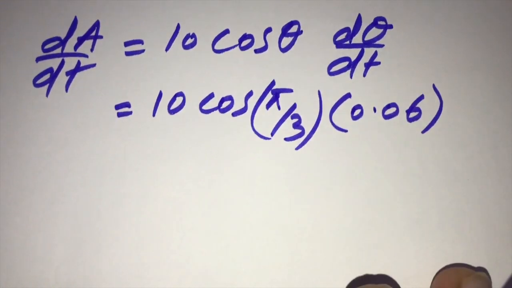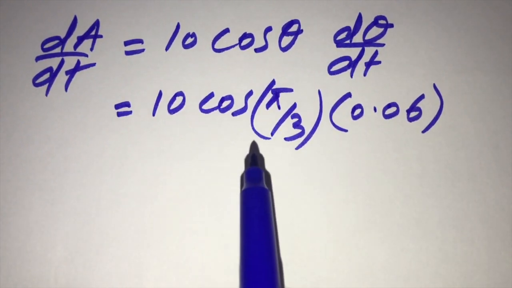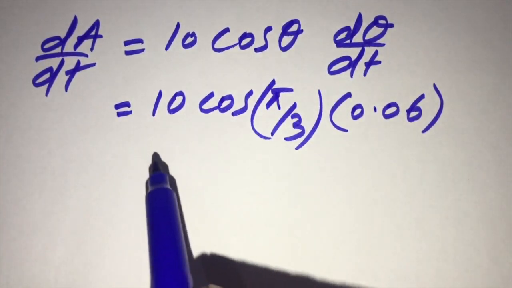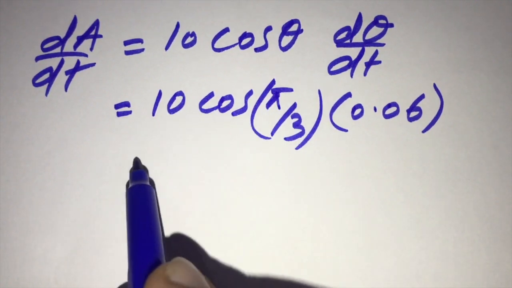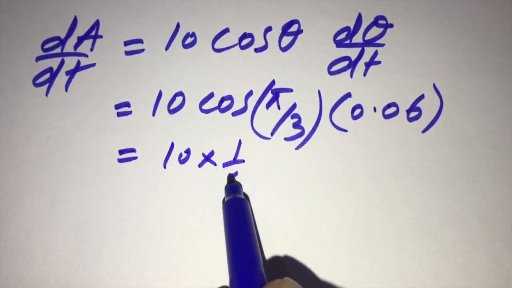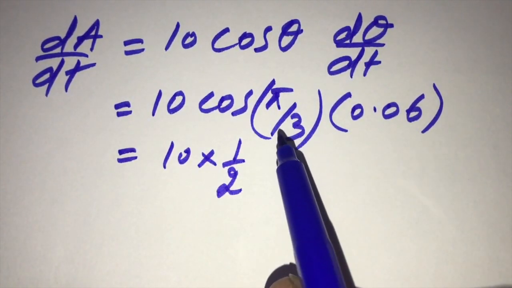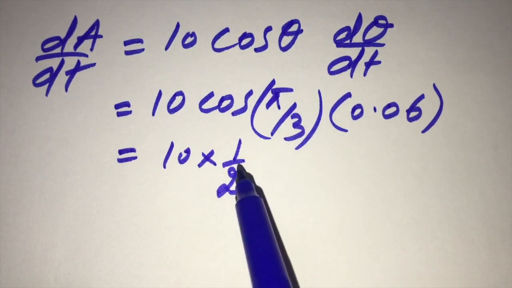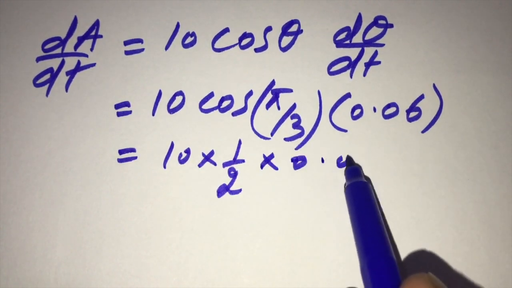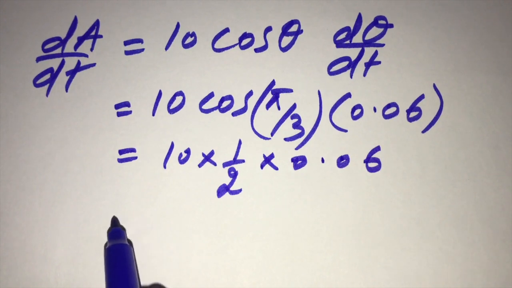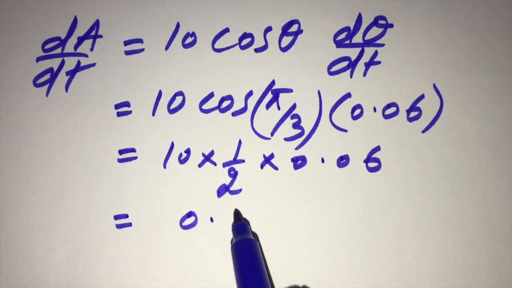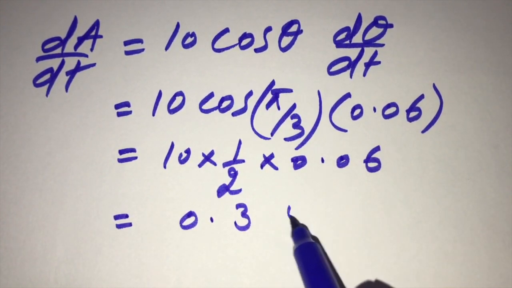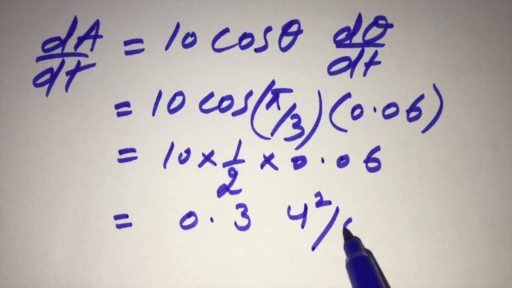Cos of pi by 3, meaning cos 60, is equal to 1 by 2, multiplied by 0.06, so we get the answer 0.3 unit square per second.